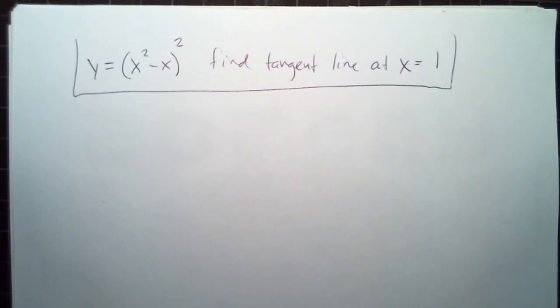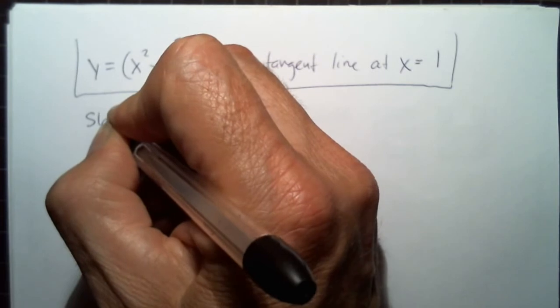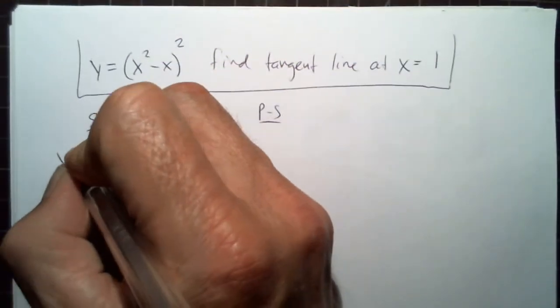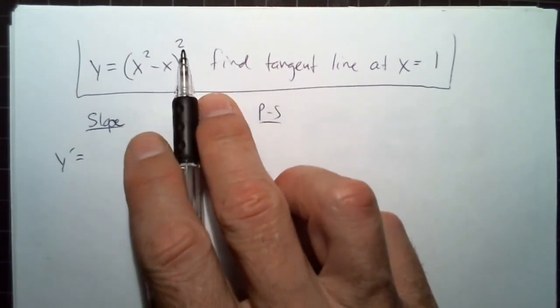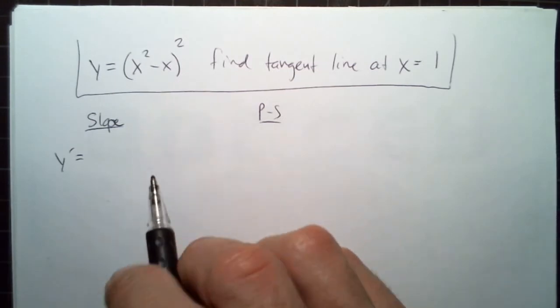Pause the video and find the equation of the tangent line. We'll find the slope and then do point slope. We have an inside and an outside, so it's composite. We need to use the chain rule.